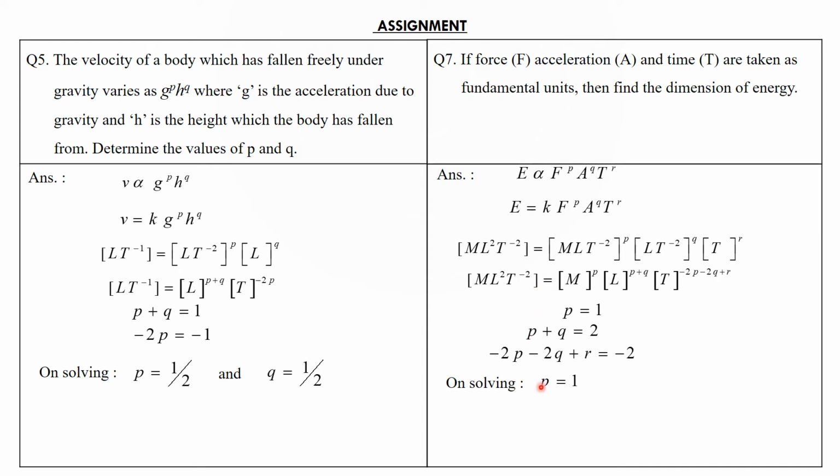On solving, we get p is equal to 1, q is equal to 1, and r is equal to 2. So we can write E is equal to k, F to the power of 1, A to the power of 1, and T to the power of 2, or we can write E is equal to k F A t square.